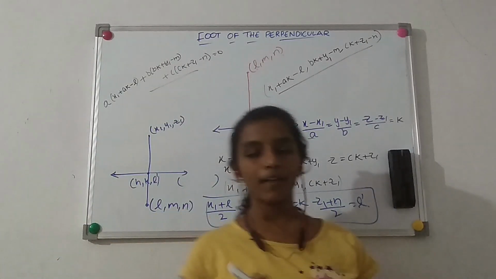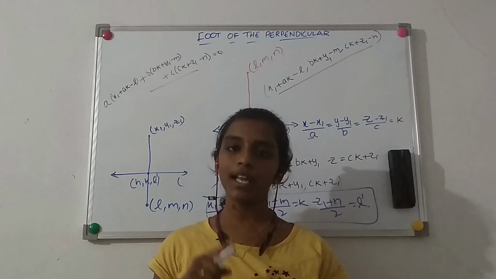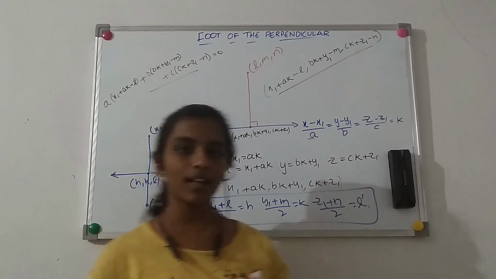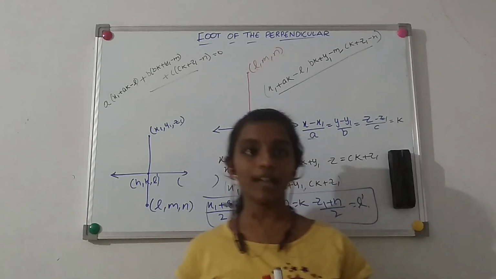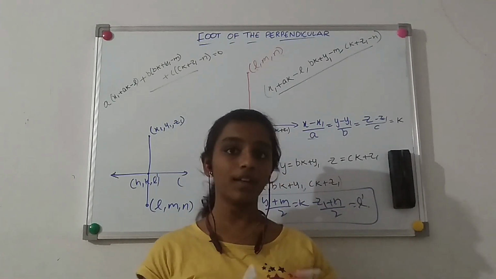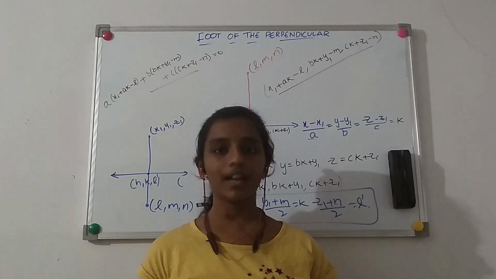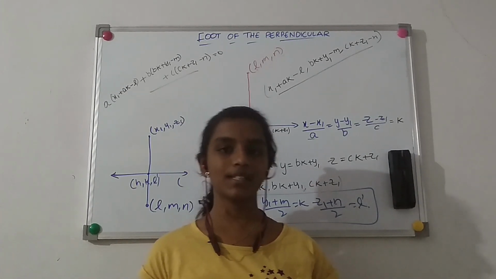So guys, I have told you how to find the foot of the perpendicular and how to find the image. These are the concepts in 3D geometry, including lines and planes. I have covered most of the topics. If any are left, I will cover them in the next class.